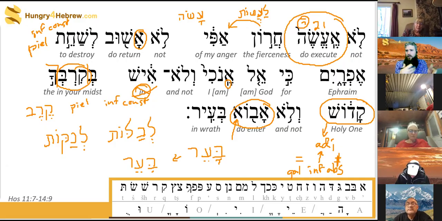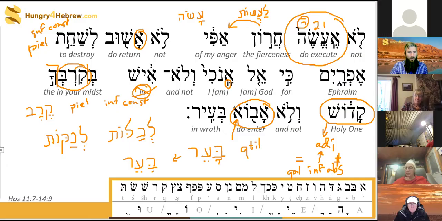Well, that's the hifil version of this root. So here we're looking at what appears to be a keel pattern. Nobody knows, or I don't know, what the original vowel was under the kuf, but it dropped to a shva in Hebrew. But it comes from ba'er, burning, wrath, anger.